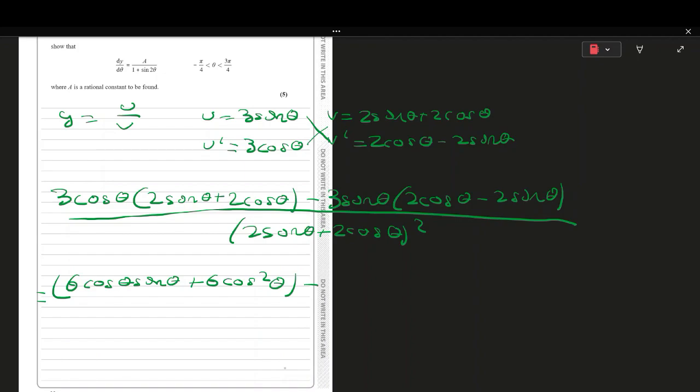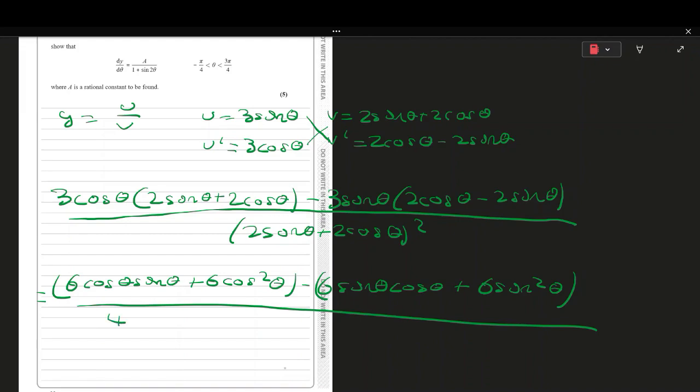That's all minus 6 sine theta cos theta plus 6 sine squared theta, over 4 sine squared theta plus 4 sine theta cos theta plus another one of those, plus 4 cos squared theta.